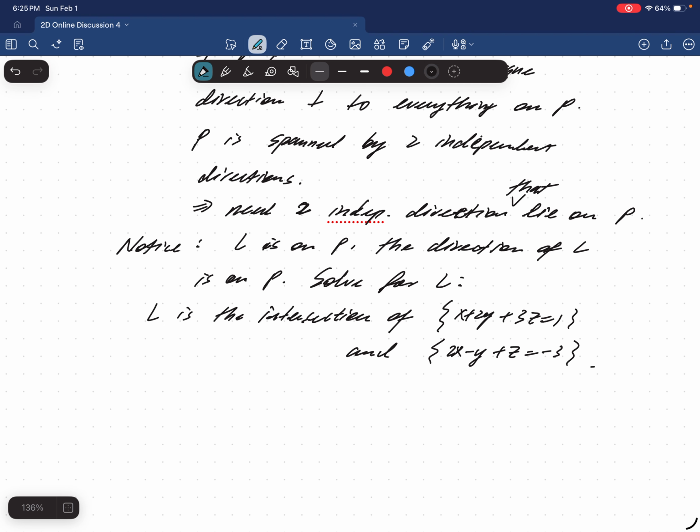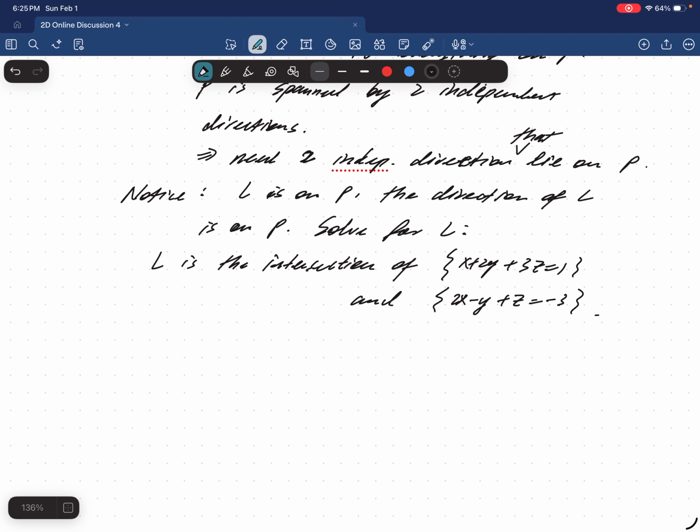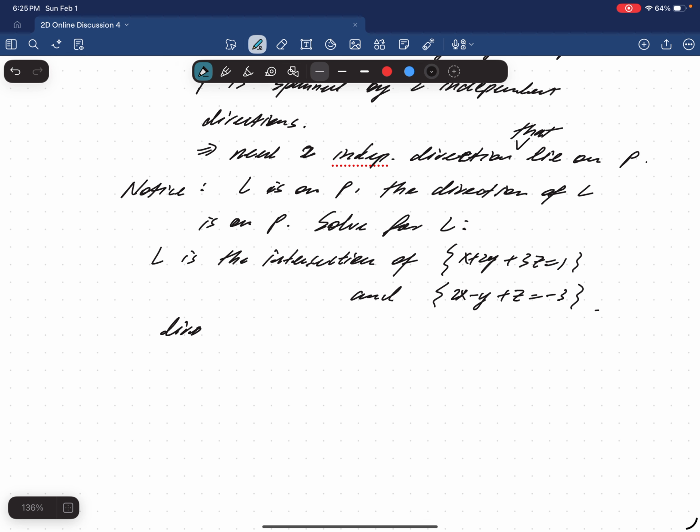And since my L lies on both these planes, the direction of L must be perpendicular to both their normals. We know the cross product of two independent vectors gives the unique direction vector that is perpendicular to both.